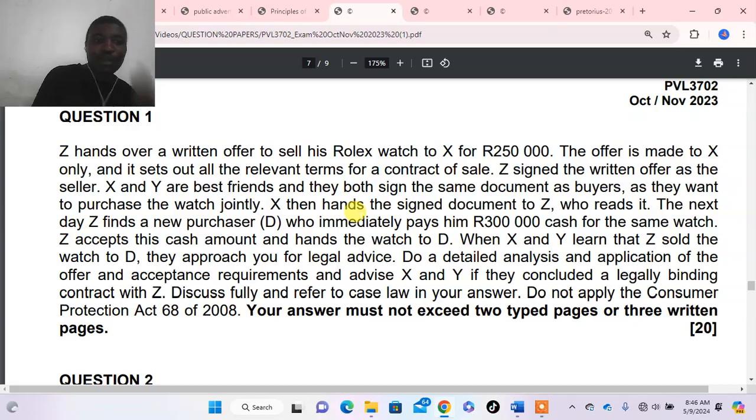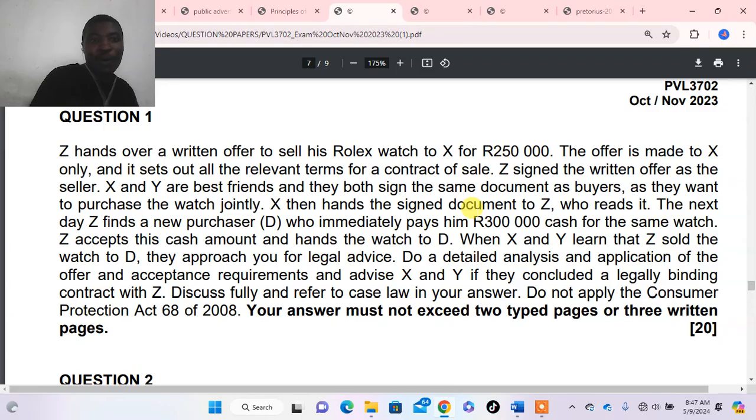In this case, you must state very clearly that Z signed the written offer as the seller, and X and Y signed the document as buyers because they want to purchase jointly. But then X sends the signed document to Z, which gives rise to the contract, and then he reads it.